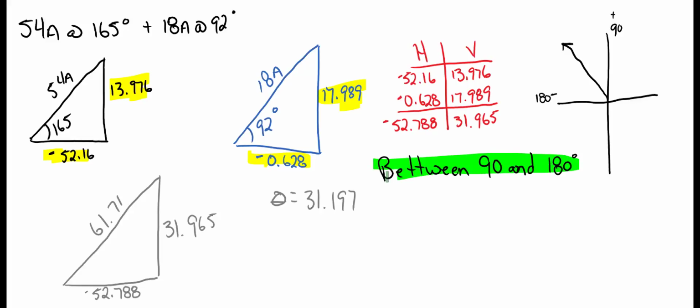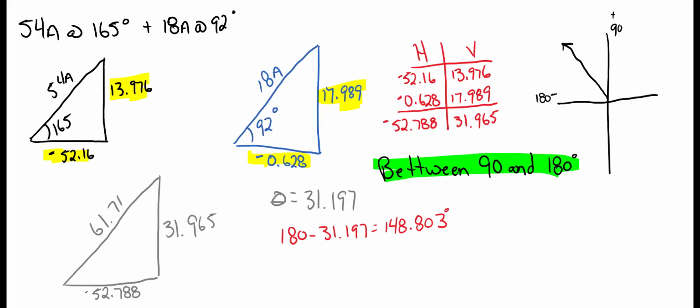But because we know we're supposed to be in the second quadrant, and we know we need to be between 90 and 180, what do I need to do with this 31 degrees? I need to subtract it from 180. So 180 minus 31.197 gives me an angle of 148.803 degrees.